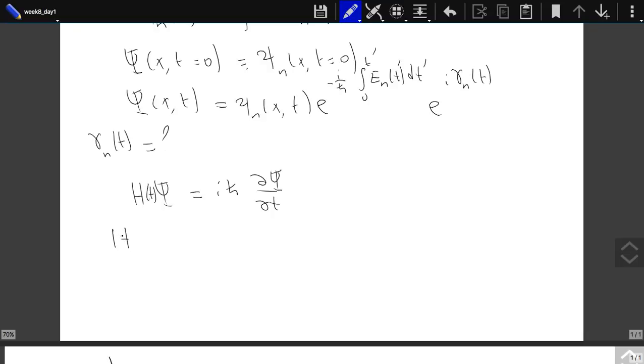Now, H of t acting on psi n, our eigenstate, is nothing but my energy, E n of t, times psi n of x of t, times these exponentials.